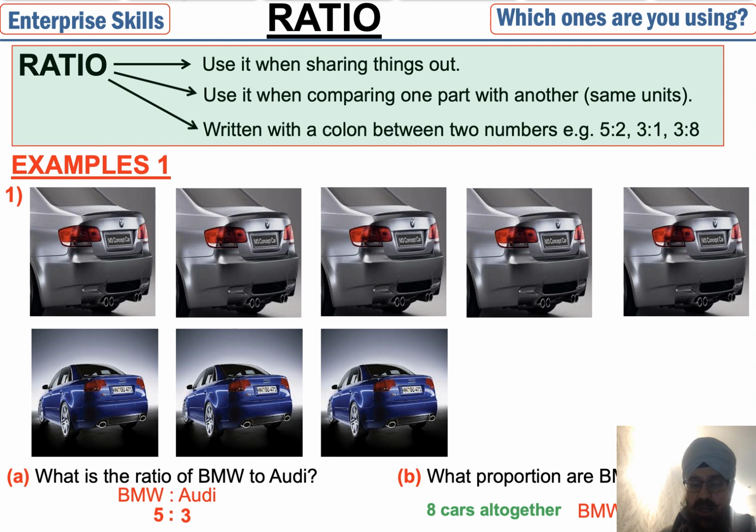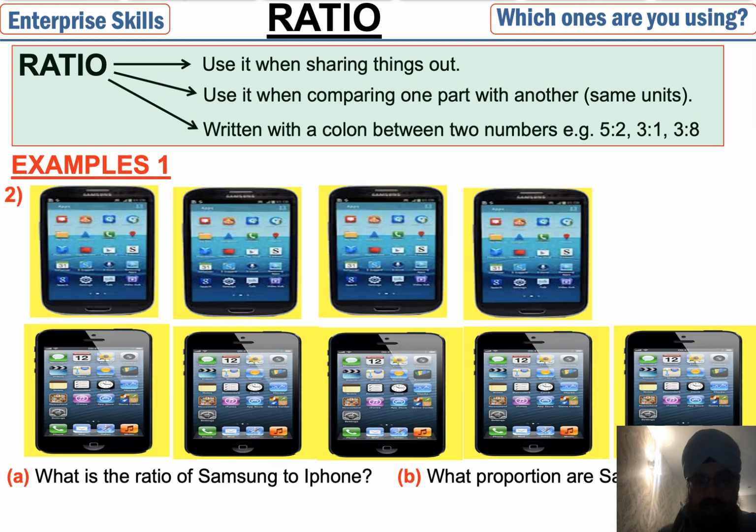You have 5 out of 8. That's simple in that sense. You could do the same thing with Audis if you want to. So we have worked out the ratio of BMW to Audi, and we have worked out the proportion of BMWs as well.